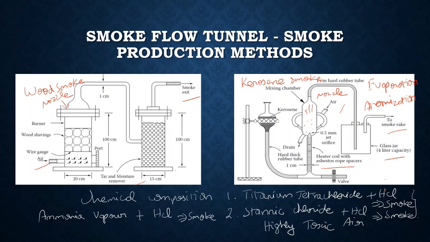In kerosene smoke, the additional thing is we can also use paraffin oil. Here in Satyabama, we are following paraffin oil. Paraffin oil is combusted and the burnt products won't be deposited on the model. It is also less corrosive in nature, right?